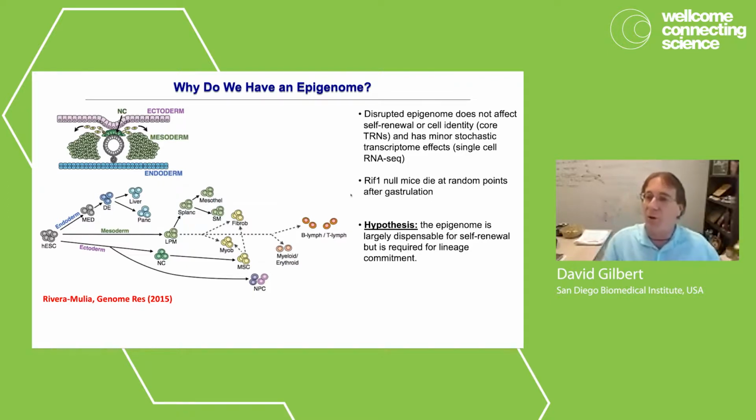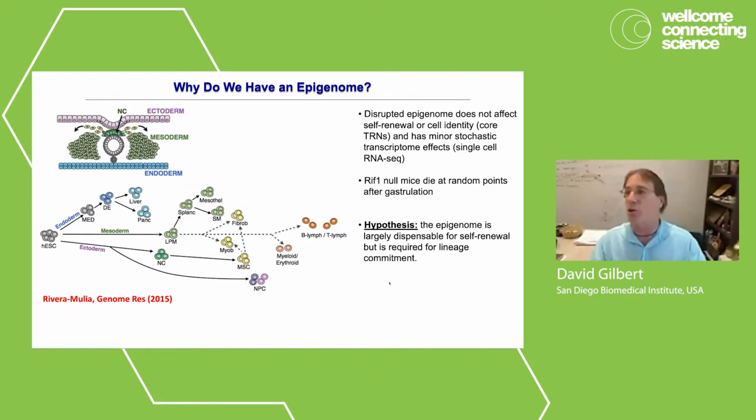But we also know that RIF1 null mice die at random points after gastrulation. So there is some essential role for RIF1, whether it's replication timing or not, we don't know yet. But our hypothesis then is that the epigenome is largely dispensable for cells to self-renew, but is essential for lineage commitment.